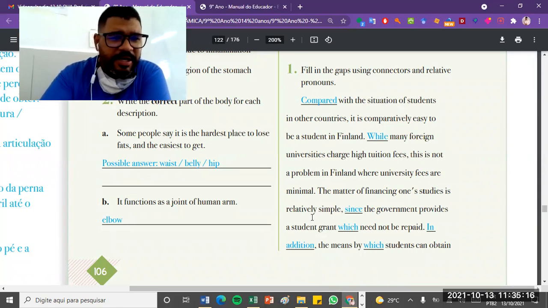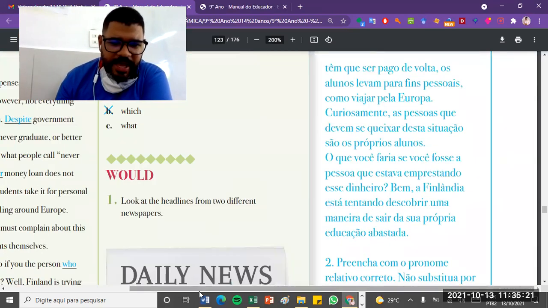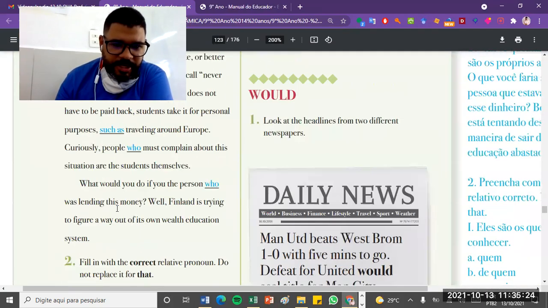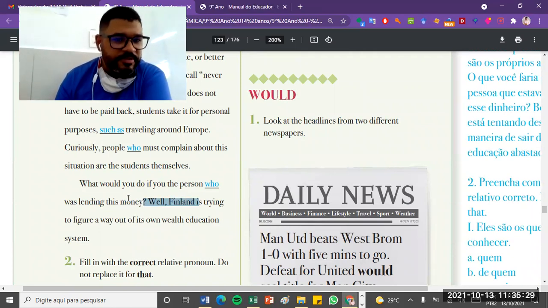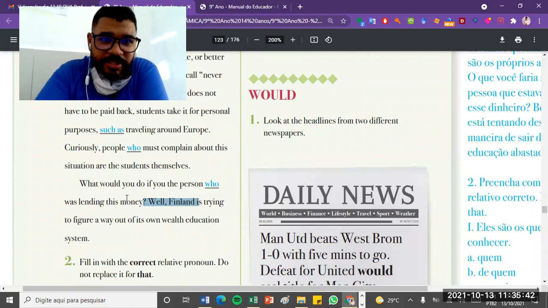This is a complex problem, a complex issue Finland has in that country, right? So, as they said, Finland is trying to figure a way out of this, of their education system. So, I would suggest try to earn your degree and also find a job so you could pay the money you have requested for. Right?